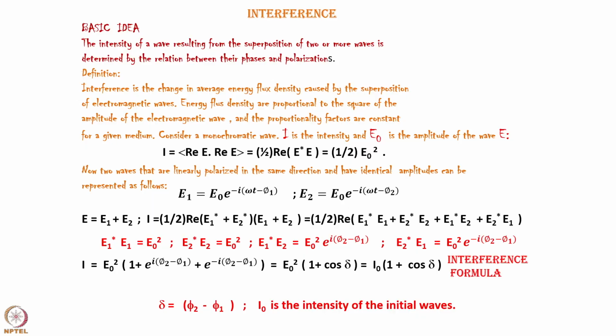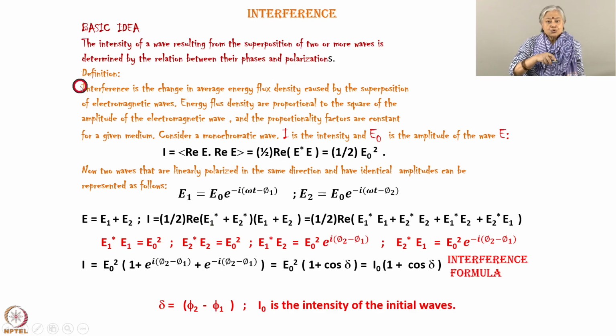So, let us start with the basic idea. The basic idea is that the intensity of a wave resulting from the superposition of two or more waves is determined by the relation between their phases and polarizations. Okay. So, here it is, and then there is a formal definition.